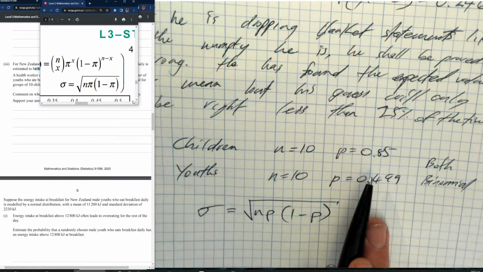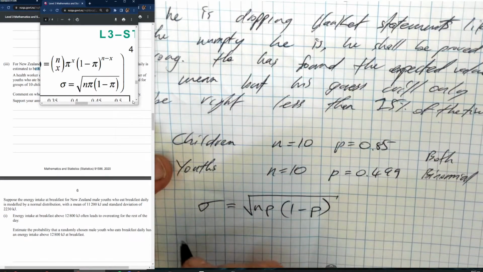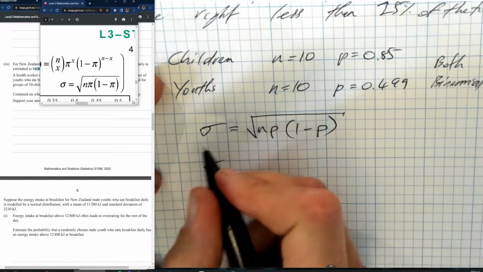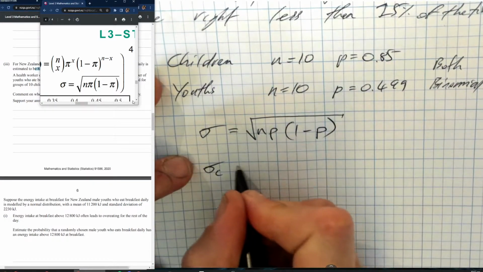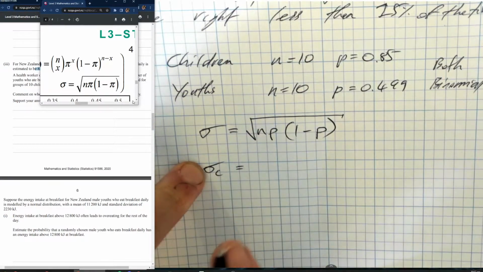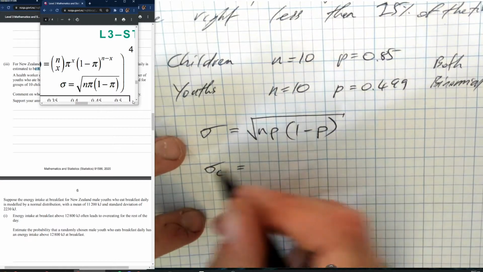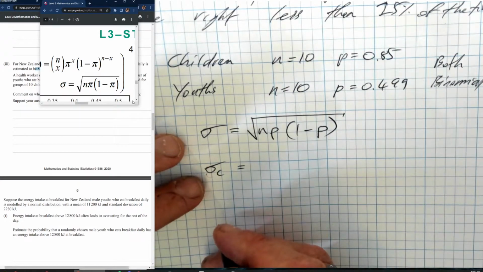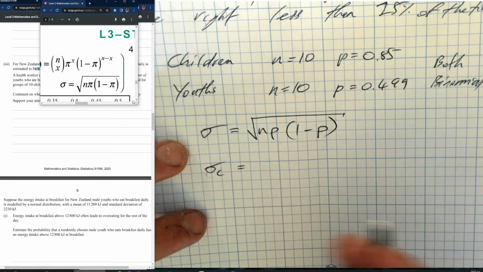Right, now what we can do is we can work out sigma for children, and so standard deviation just means spread-outedness. It's a measure of variation, so we can actually just show that this sigma is less than the youth's sigma.